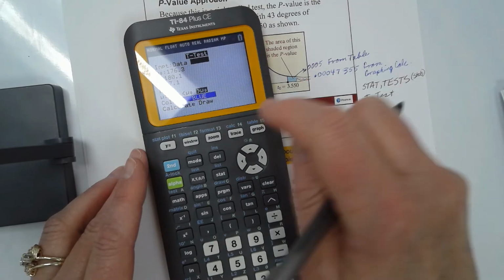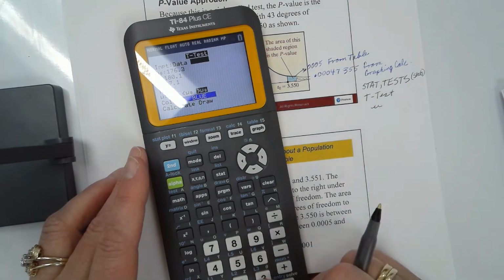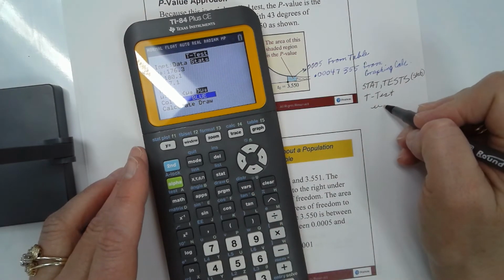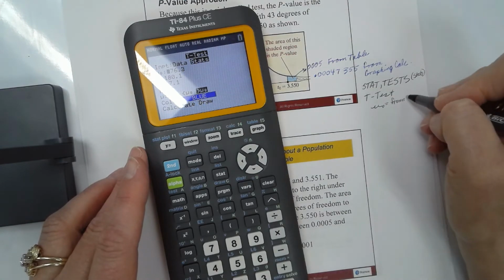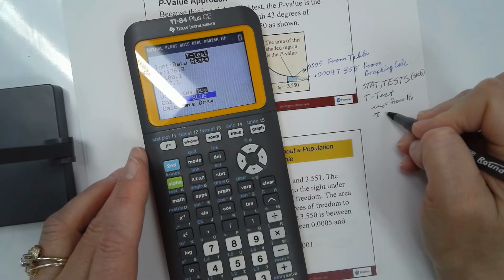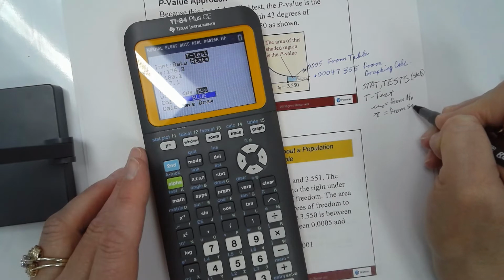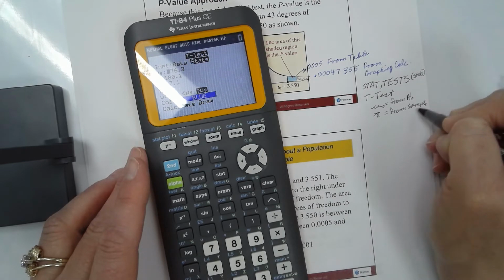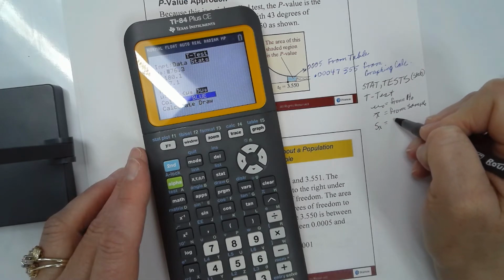If not, then you choose data and put your data in list 1. Then you give it the mean from the null hypothesis. Then you give it the x bar, which is from the sample that you're using to test it. And then you give it Sx, which is the sample standard deviation.